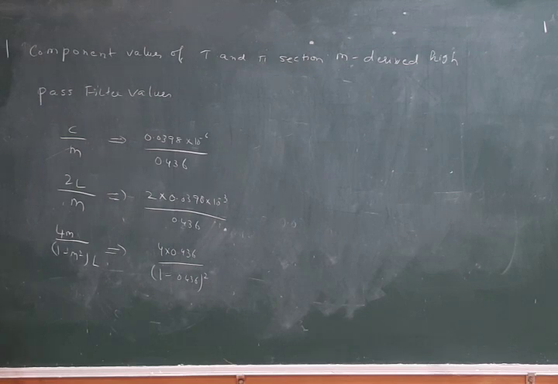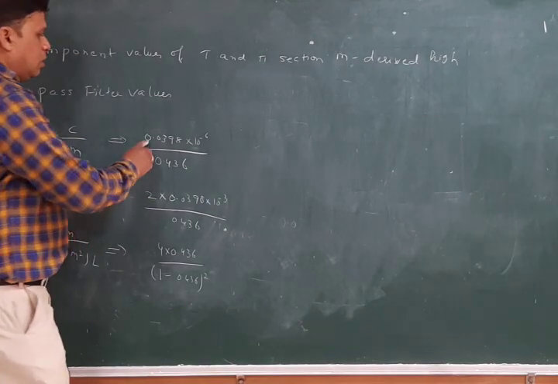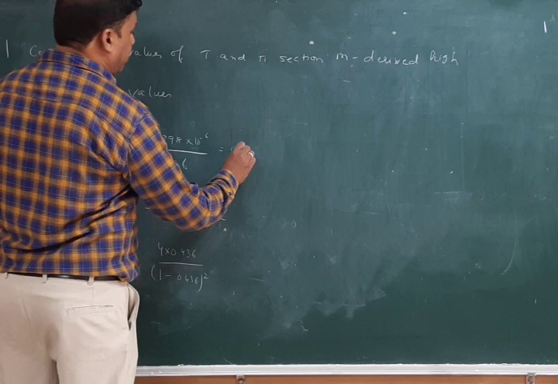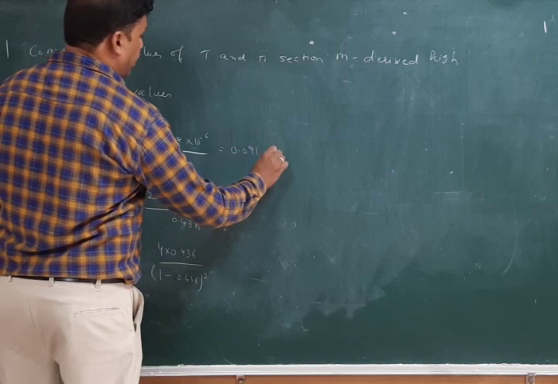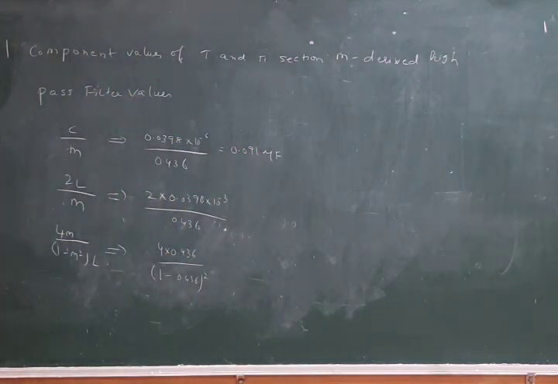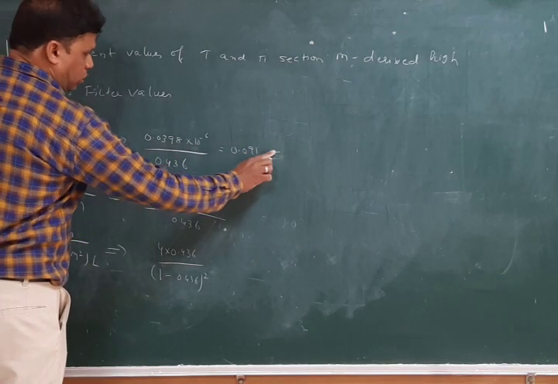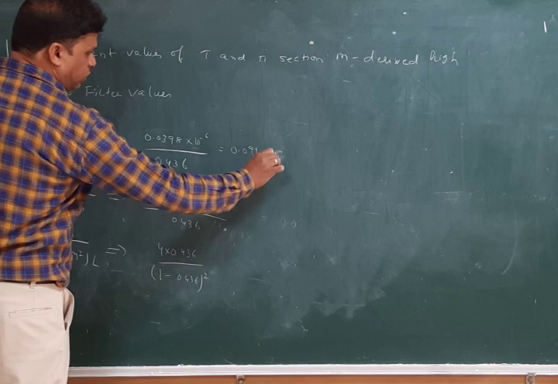Now, getting these values, C by m calculation gives 0.091 microfarad. After dividing 0.0398 by this particular value, you will get 0.091912, so we can write 0.091 microfarad.